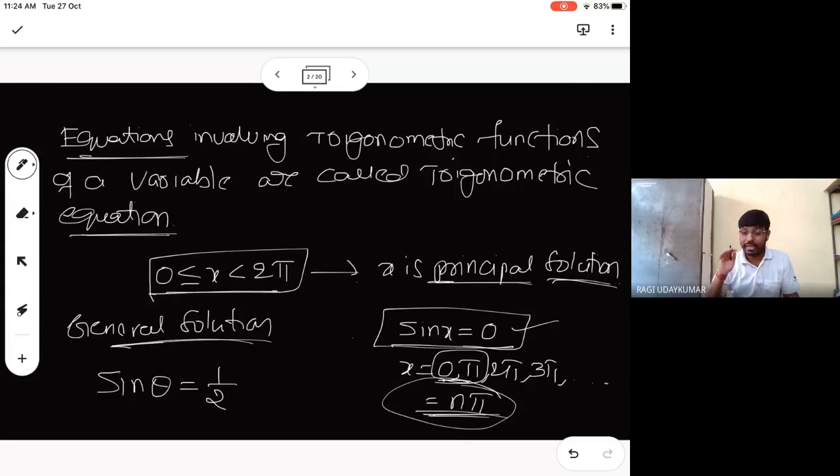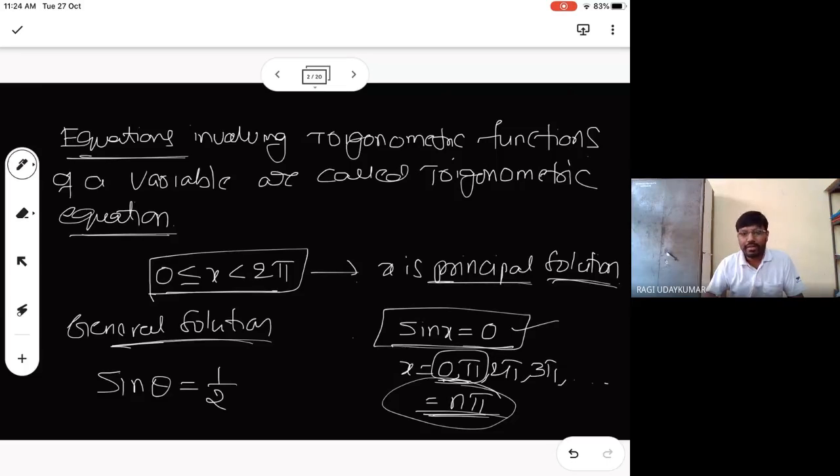Along with 30 there will be more. 30 will come, 150 will come, sin of 180 minus 30, that is also 150. Sin 150 degrees is also 1 by 2, isn't it?